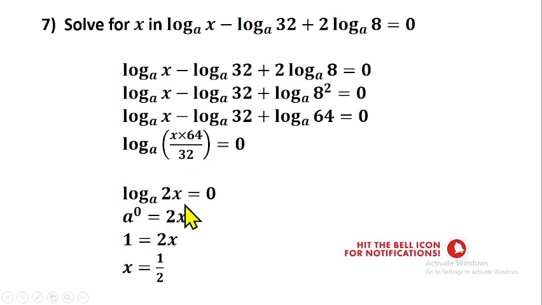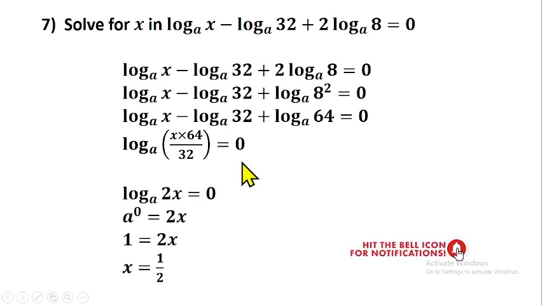So logarithm of a raised to power 0 gives us what? 2x, according to the definition of logarithm. So that should give us a raised to power 0 equals 2x. a raised to power 0 is 1. So that gives us 1 equals 2x. Divide both sides by 2 to get x. So x equals 1 over 2.